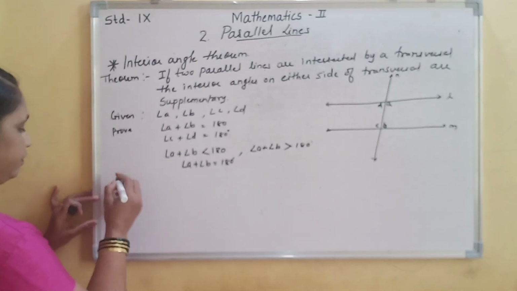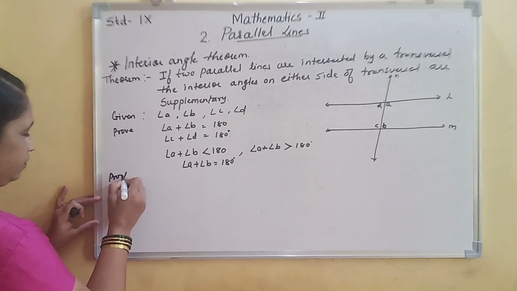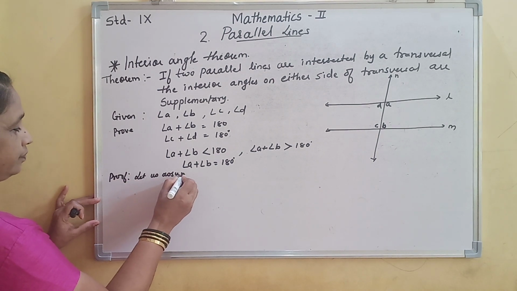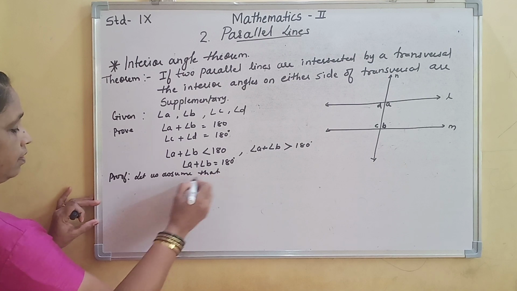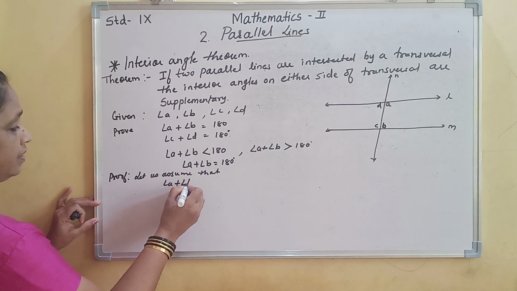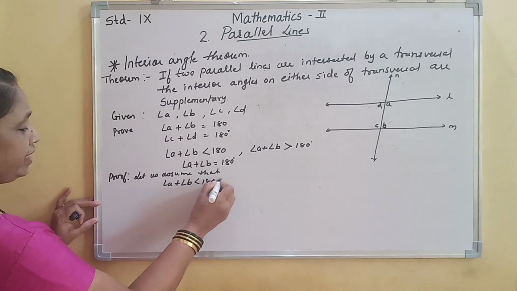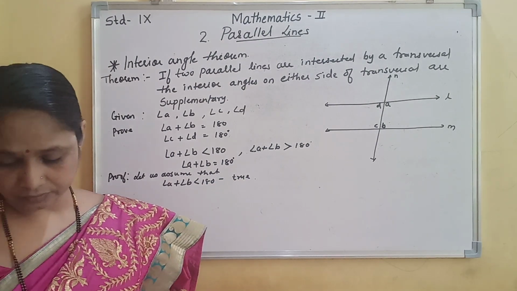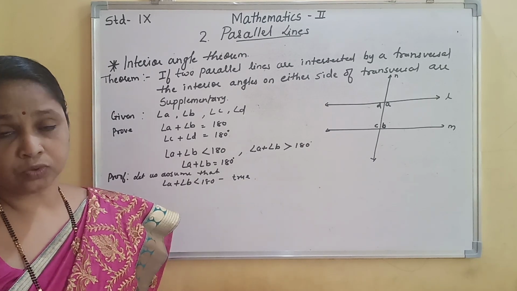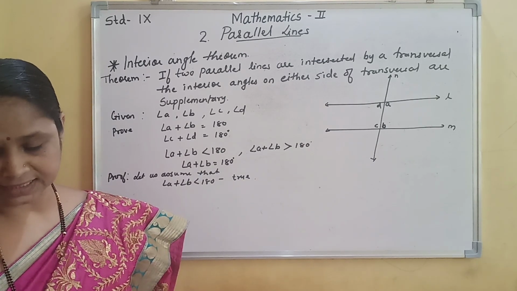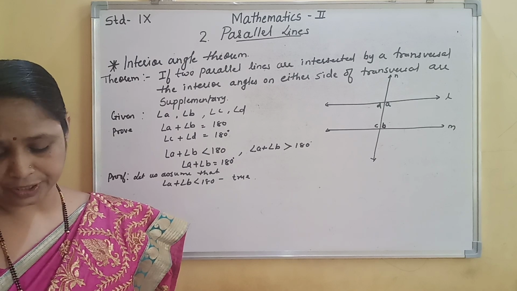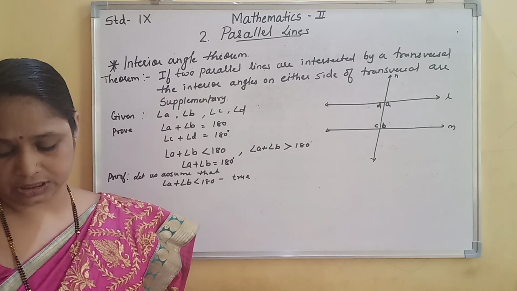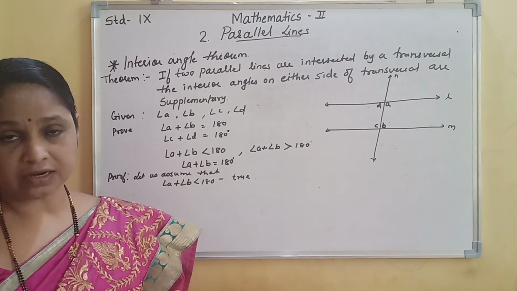First, let us assume the proof. Now let us assume that angle A plus angle B is less than 180 is true. If it is true, then according to Euclid's postulate, if line L and line M are produced, they will intersect each other on the side of the transversal where A and B are formed.